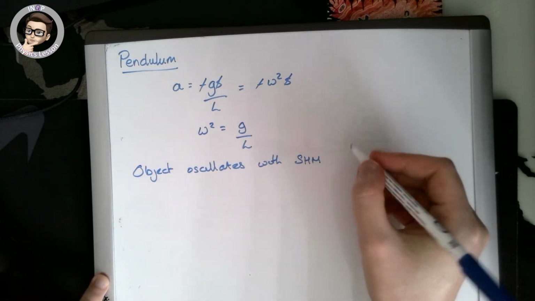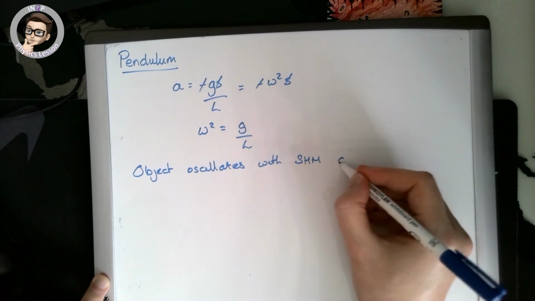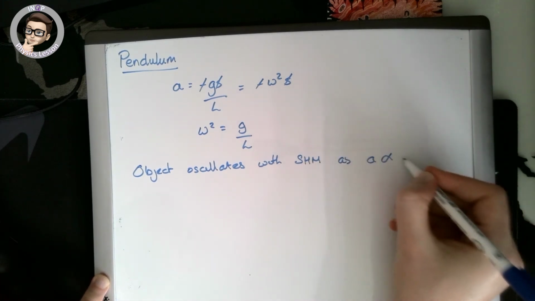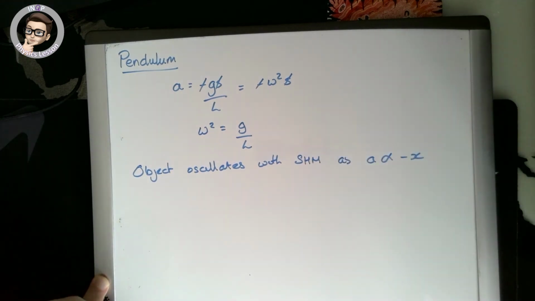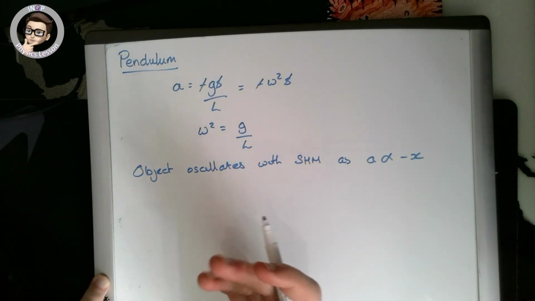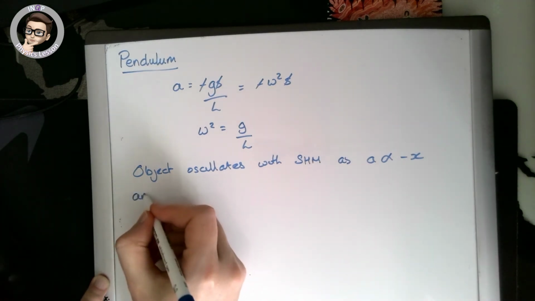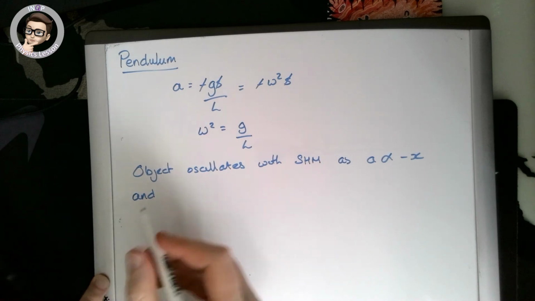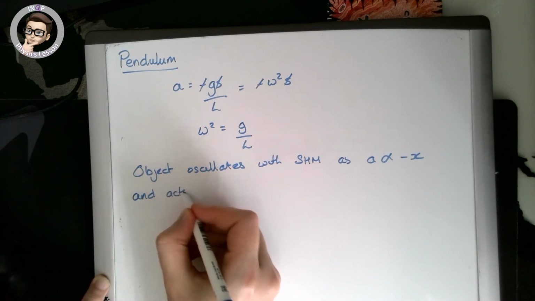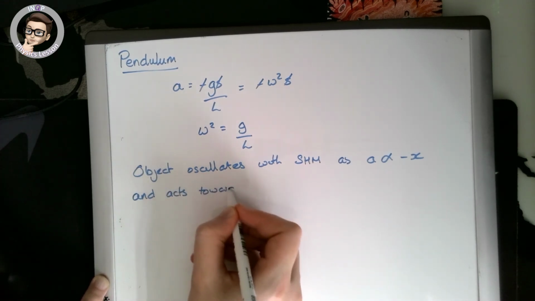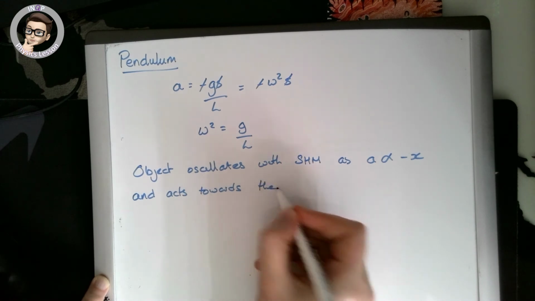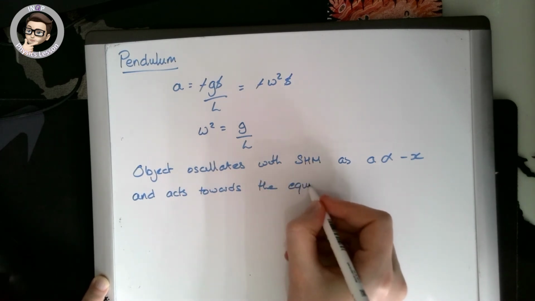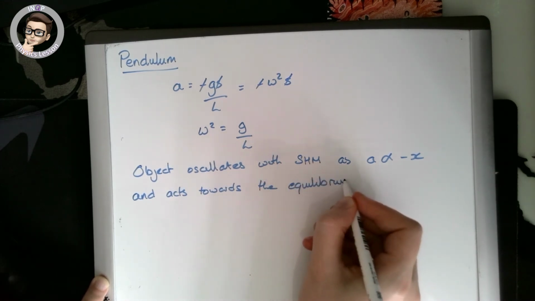So the object oscillates with SHM as acceleration is proportional to the displacement, and the minus here tells us that it acts towards the equilibrium. What do I mean when I say that?